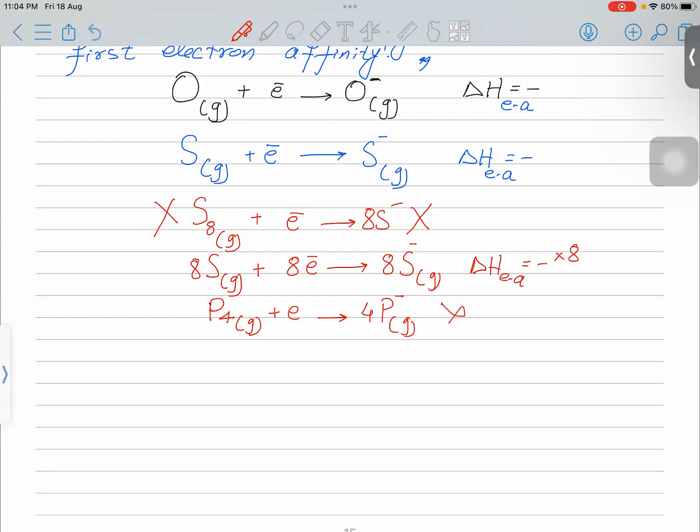So we'll write 4P gaseous. How many electrons are required? 4 electrons. 4P minus is formed gaseous, and the electron affinity will be multiplied by 4.